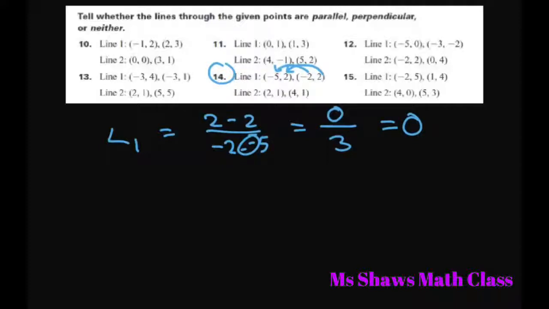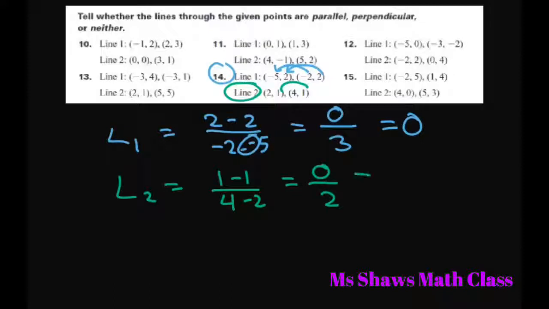It's a constant slope. And then line 2, we have 1 minus 1, and we have 4 minus 2, which equals 0, divided by 2, which equals 0. Since they're the same slope, that means the lines are parallel.